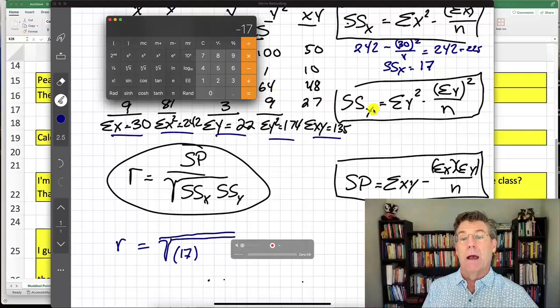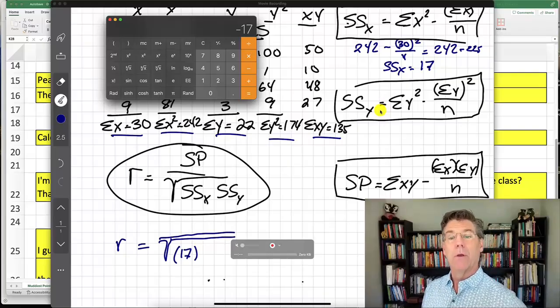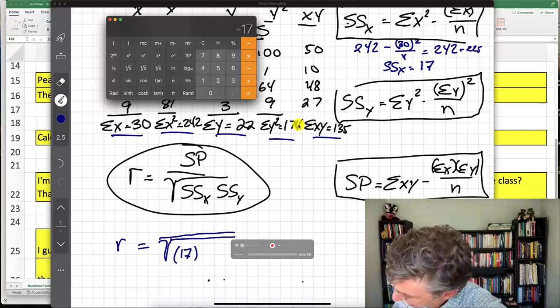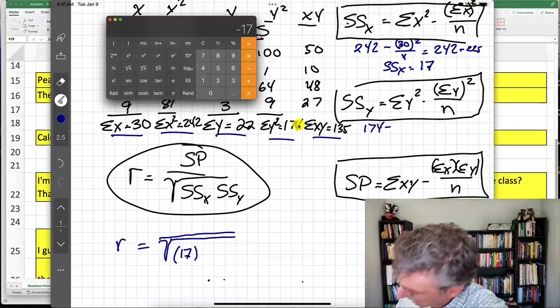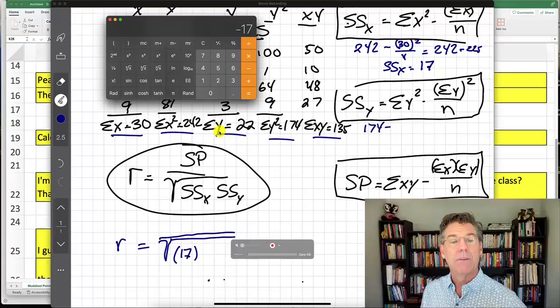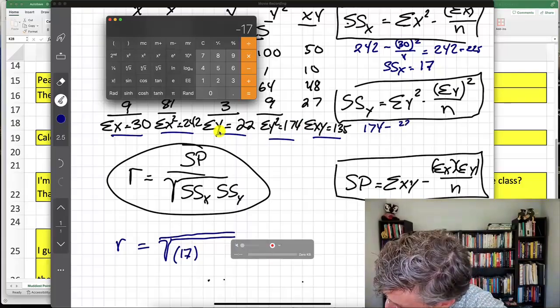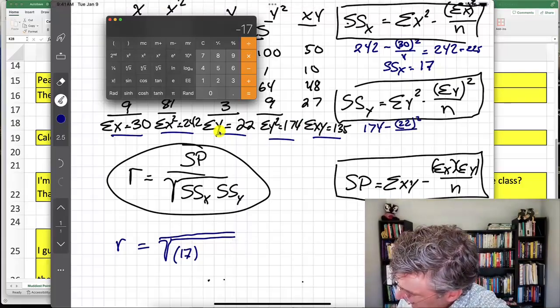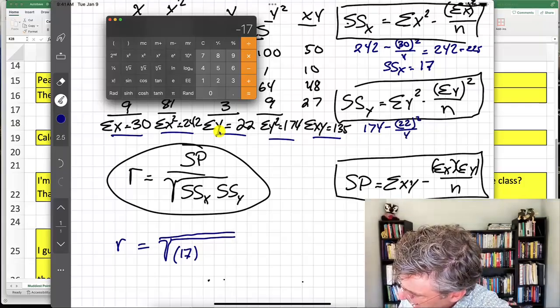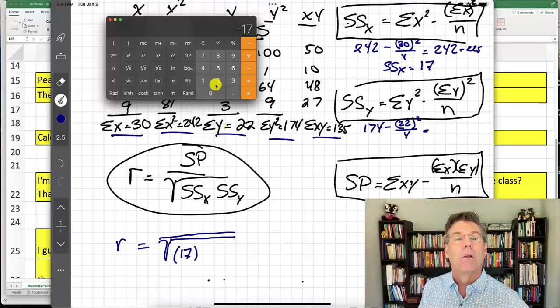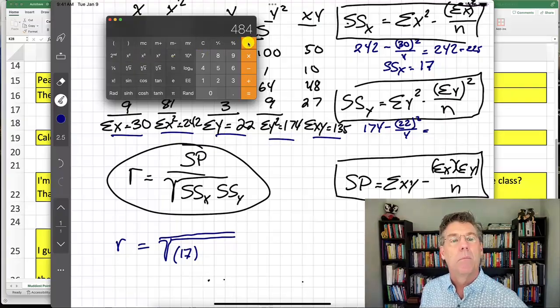Okay, now I'm going to jump to the sum of squares y. So now I need sum of y squared, which is the 174 here, minus my sum of y, which is 22. Put parentheses around it, square it, and divide by n, which again is 4. So 22 squared divided by 4 is 121.